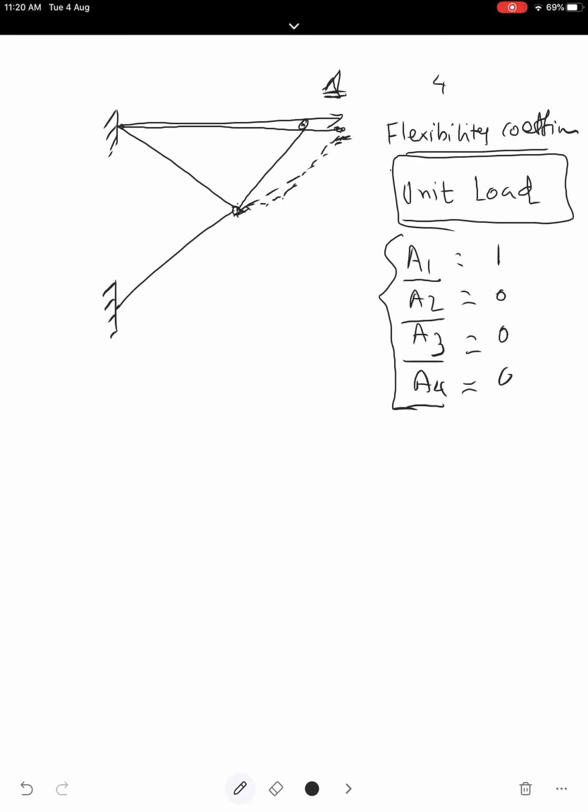Because I am applying unit load here, I am assuming this joint will displace here, and we want to calculate this displacement. If this joint is not likely to displace, you will not get flexibility coefficients. Please understand I am pulling this joint with the unit load.